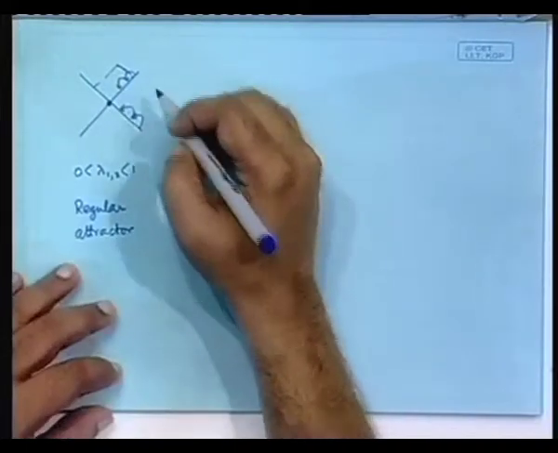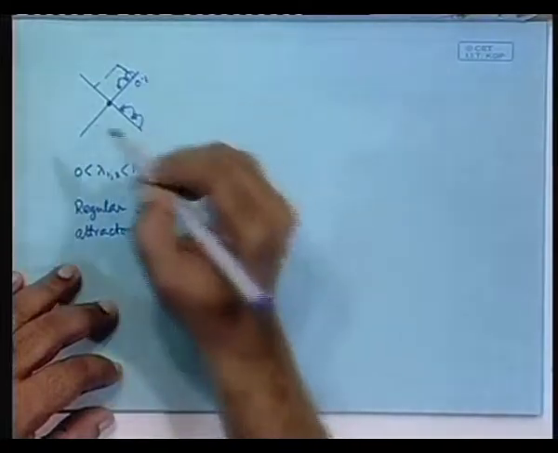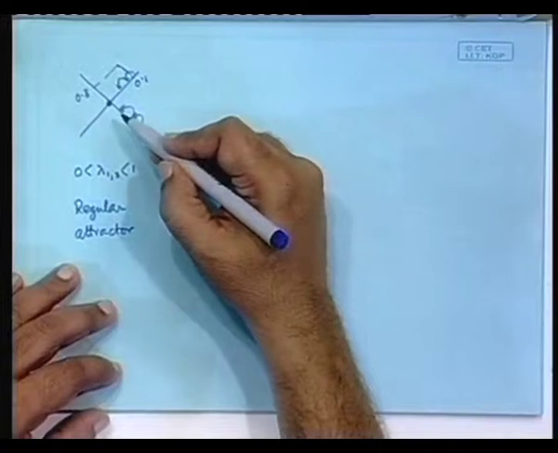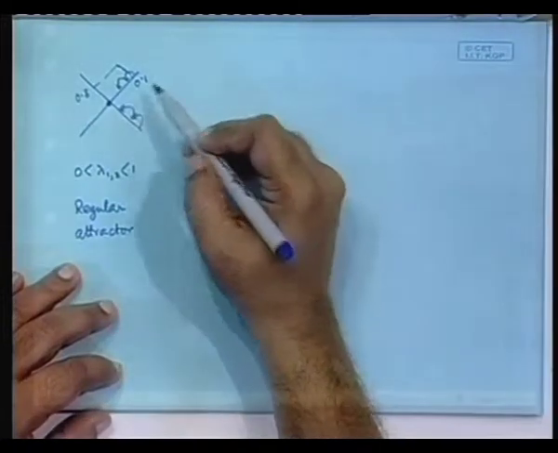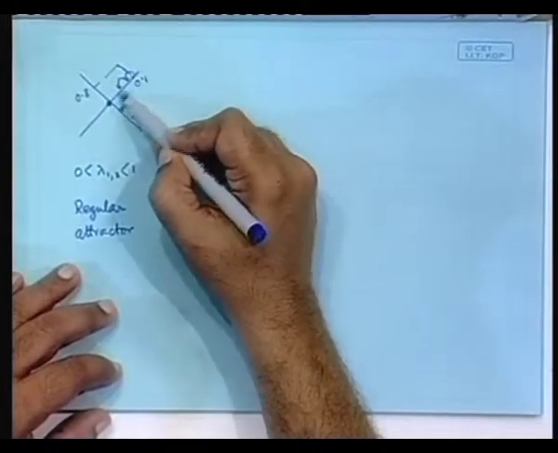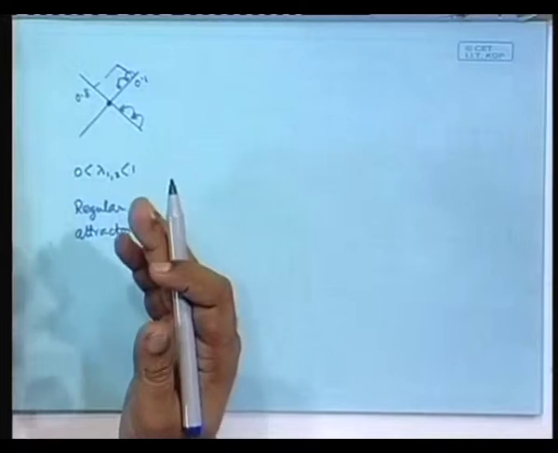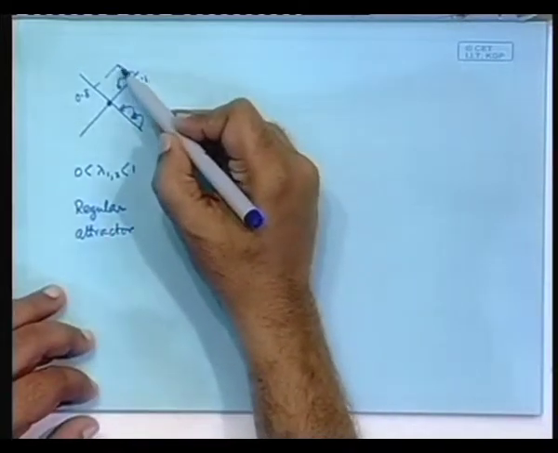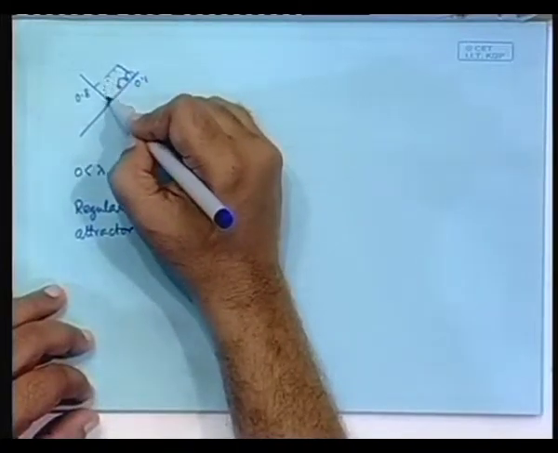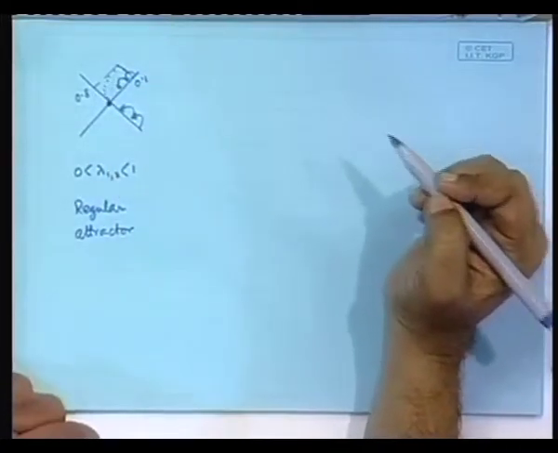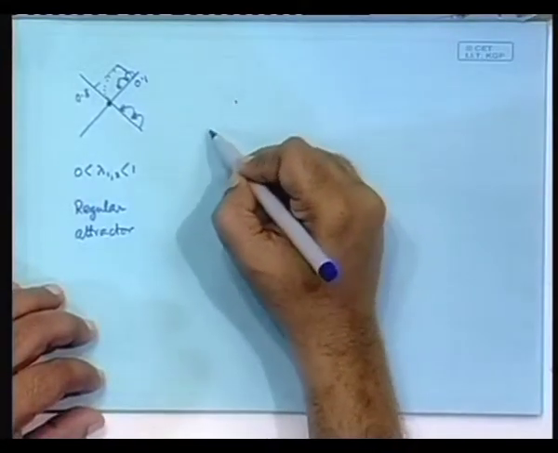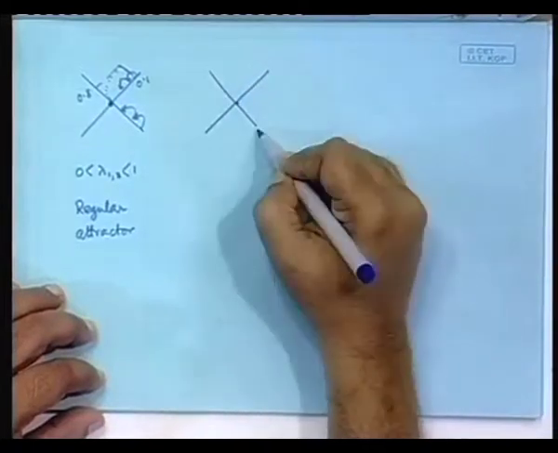So, if say here the eigenvalue is 0.1 and here it is 0.8, how do you think it will proceed? This one will be multiplied by 0.1, therefore, it will shrink fast, while this one will be multiplied by 0.8, it will shrink slow, as a result of which it will go like this.